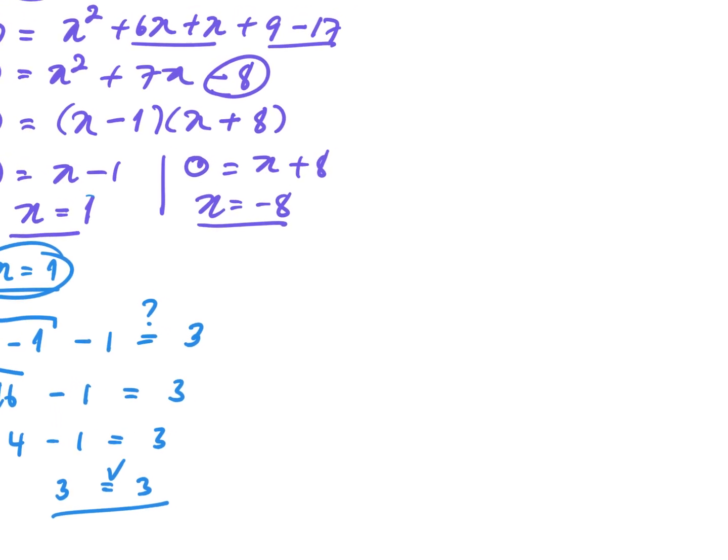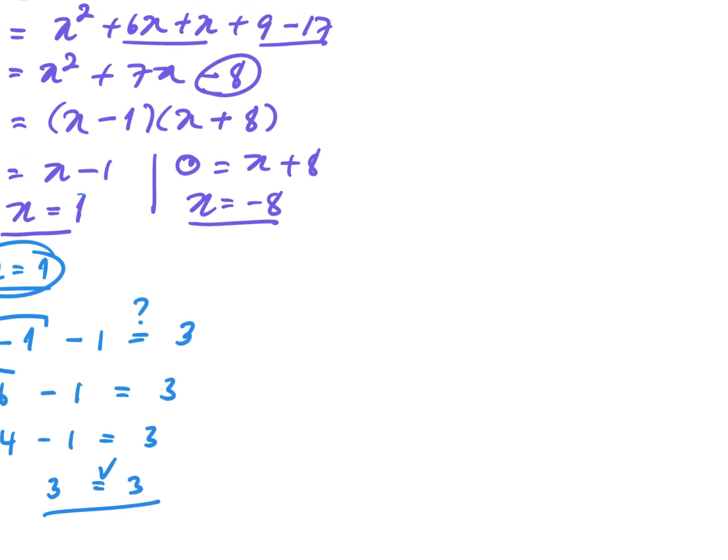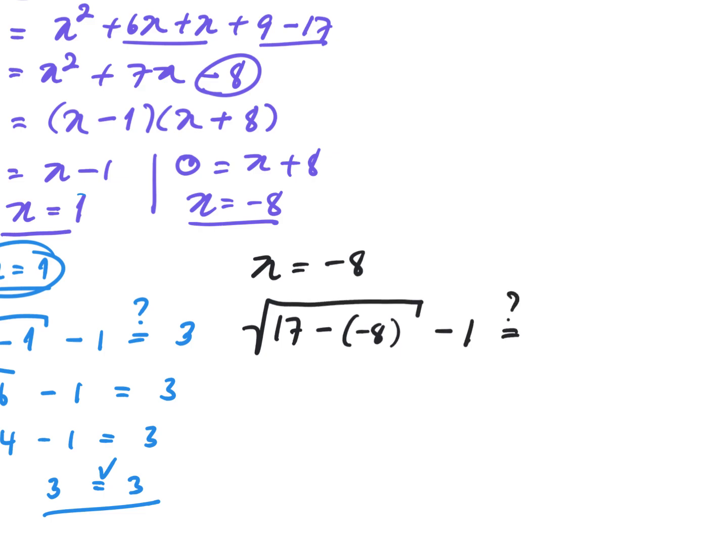What about 8? Let's look at the 8 this time. For x equal to negative 8, we're going to put that into the original equation. This is going to give you 17 plus 8 under the radical, and then minus 1.